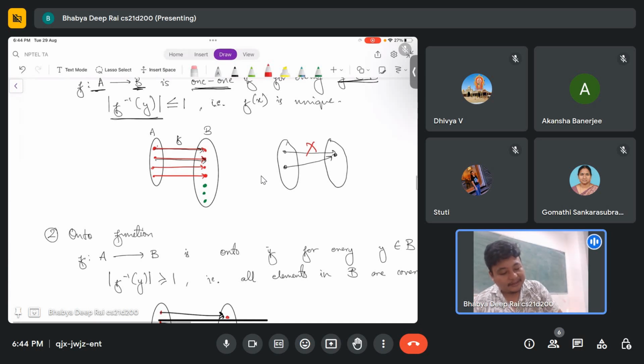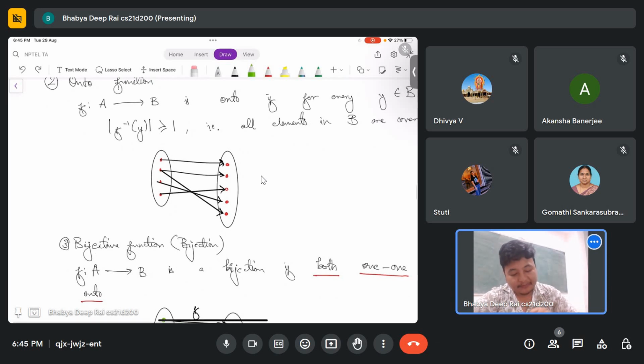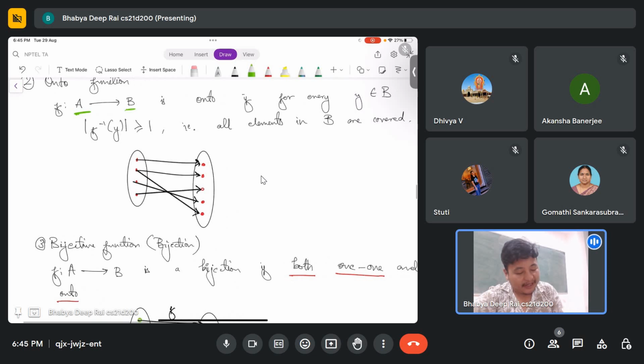But see, some items may get left out also, but that is all right as long as 2 inputs do not map to the same output. It is fine.